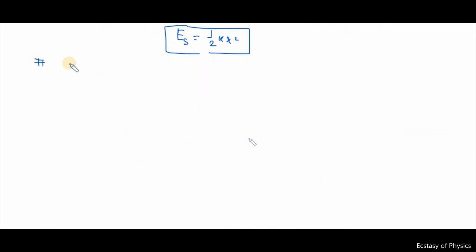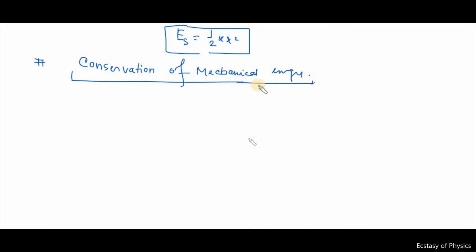Next we'll talk about the conservation of mechanical energy. We have earlier defined that mechanical energy is a combination of potential energy and kinetic energy.